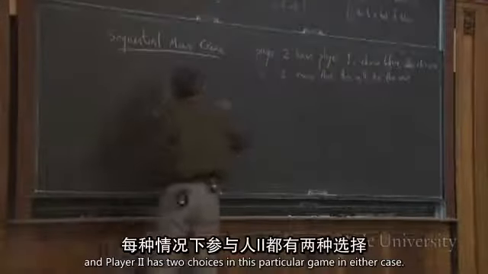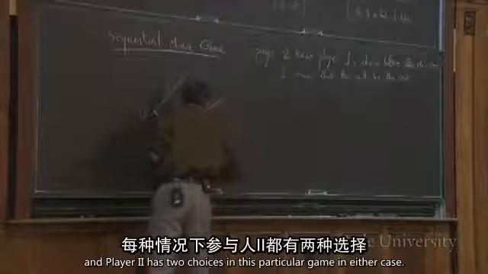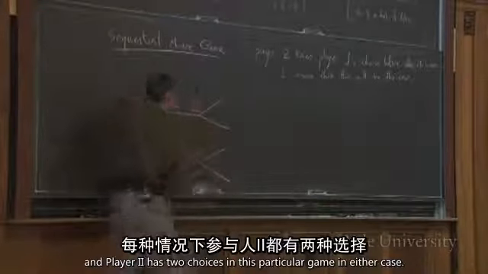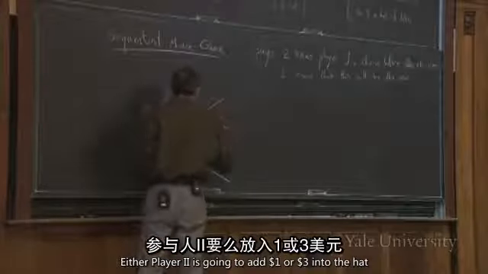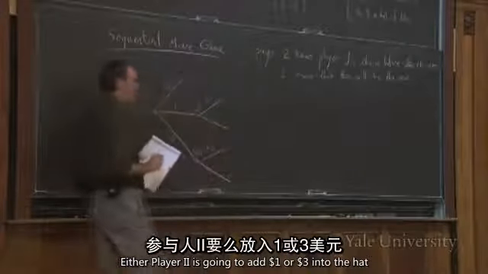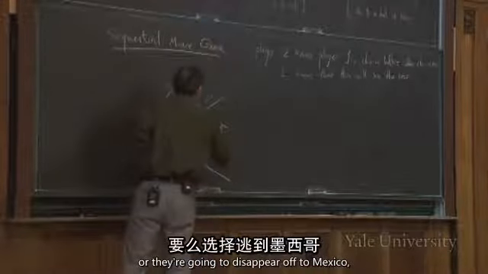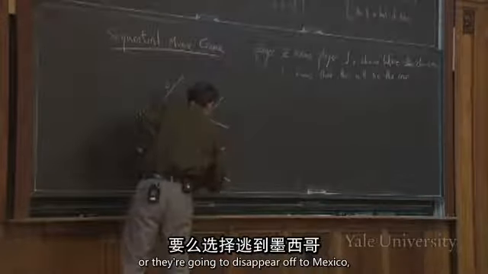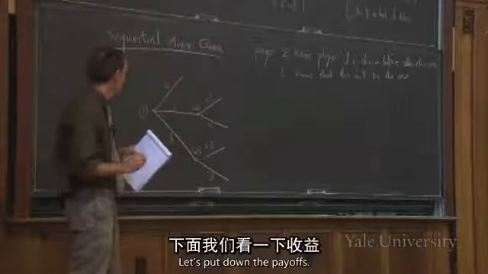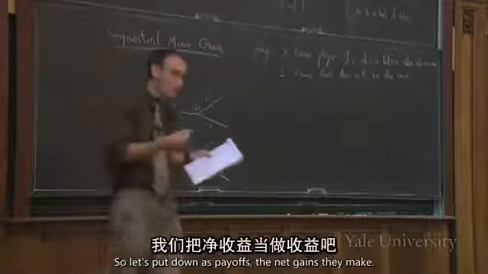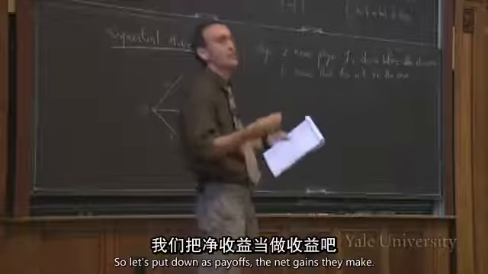And player 2 has 2 choices in this particular game in either case. Either player 2 is going to add $1 or $3 into the hat, or they're going to disappear off to Mexico, taking our investors' lunch money with them. All right? And let's put down as payoffs the net gains they make.